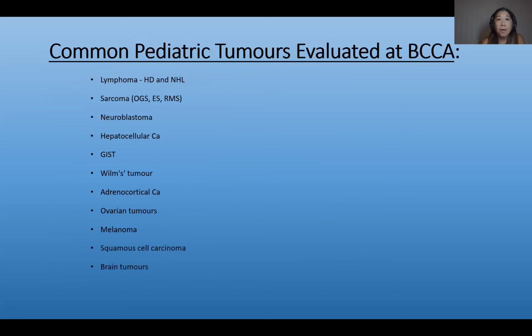These are some of the common pediatric tumors that can be evaluated at BC Cancer, so a long list of them. Many of these used to be scanned just in the regular nuclear medicine department, and the protocols have changed because there's greater sensitivity and sometimes specificity using some of the PET agents. So a prime example of that would be the sarcomas, the osteogenic and Ewing's sarcomas.